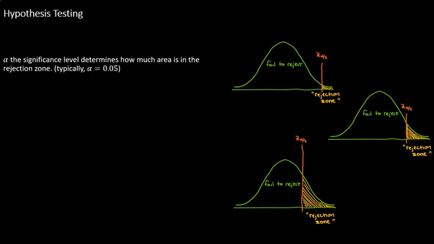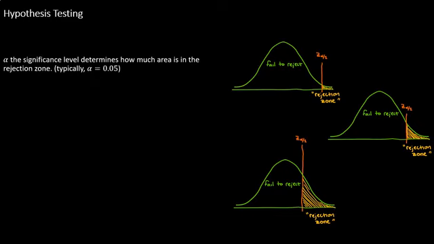Those two regions are separated by our critical value. And these are similar to the critical values and the significance levels that we talked about when we built confidence intervals. A larger confidence level caused a smaller alpha, and a smaller alpha caused a larger critical value.